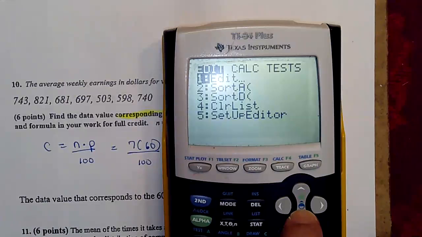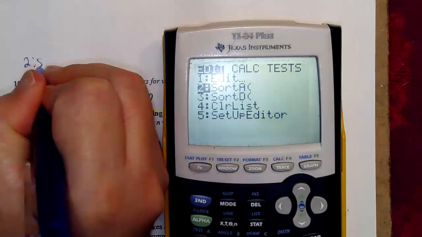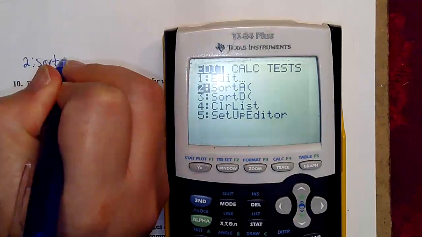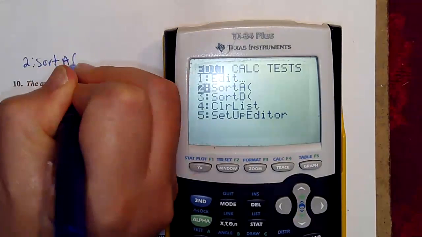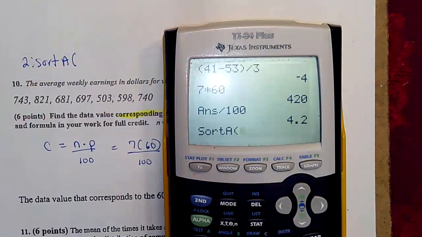And you want it smallest to largest, right? Smallest to largest, so ascending order. So you want number 2. So you can put number 2 here. This is helpful because a lot of times, one of the reasons people miss these types of problems is they forget to sort their data. And then where did you put your data? In second one.